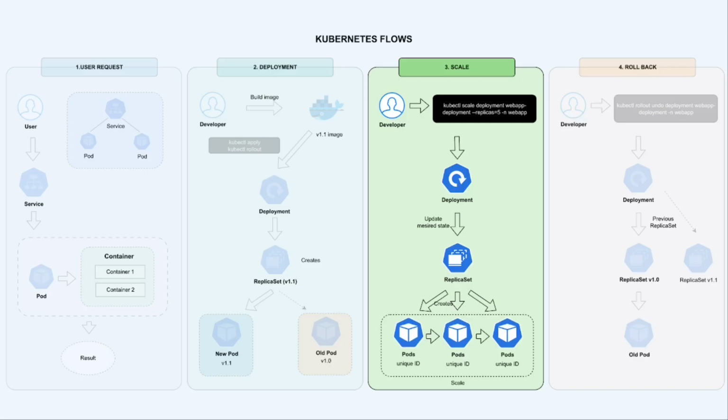Behind the scenes, Kubernetes uses a component called a ReplicaSet. The ReplicaSet ensures that the correct number of Pods are always running. If a developer scales from 3 replicas to 5, the ReplicaSet will automatically create 2 additional Pods.